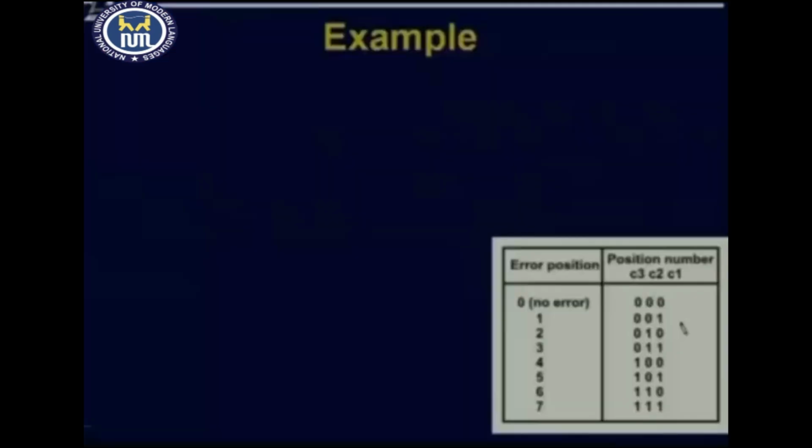So let's check out the example. Now we know where we have to set the parities: positions 1, 2, 4, 8, 16, and so on. Suppose we have data of 4 bits, let's assume 1, 0, 1, 0. What we need to do is set the parity bits P1, P2, and P4 at positions 1, 2, and 4.